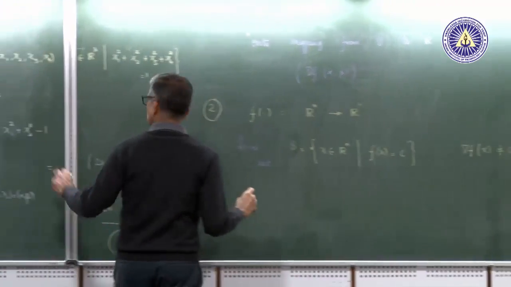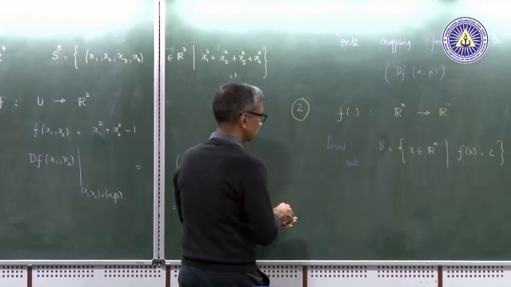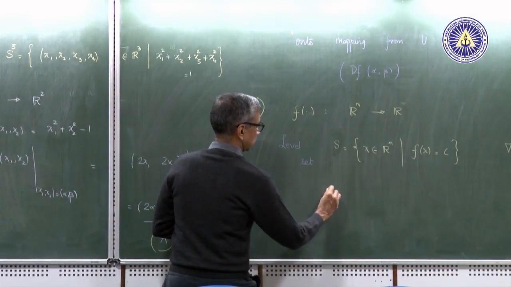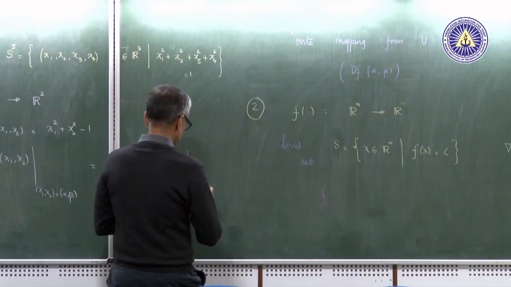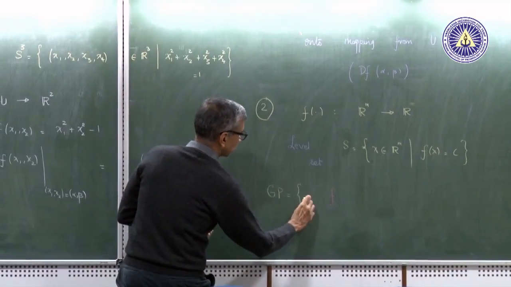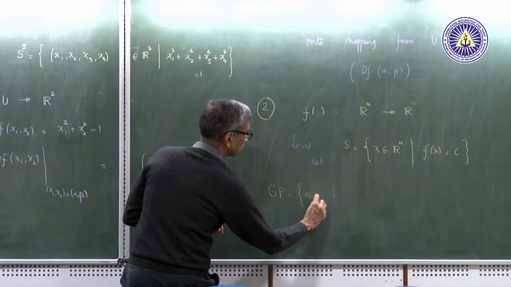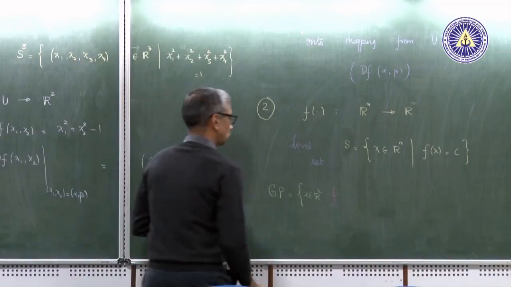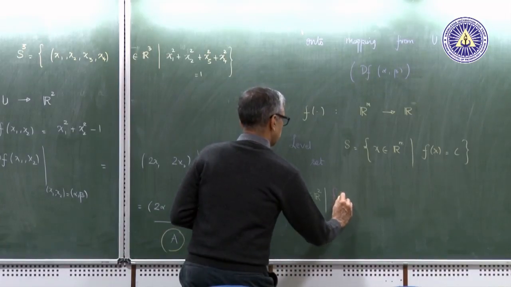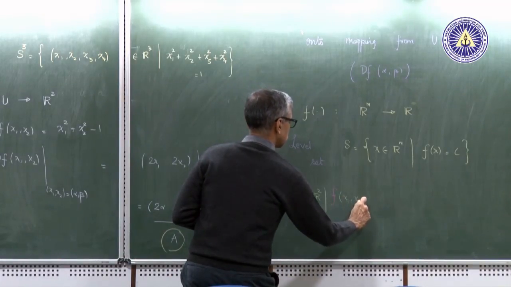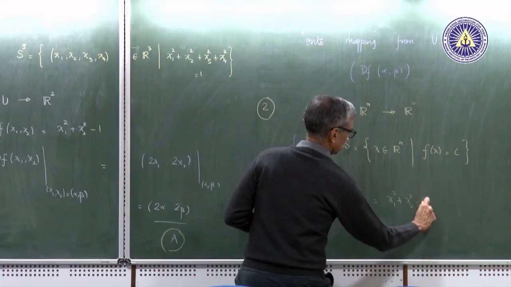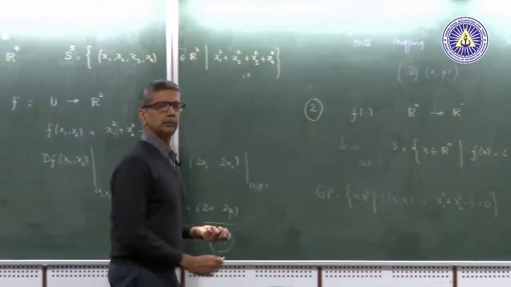That means, in other words, that the green portion of your circle is all points in R2 such that f(x1, x2) equals 0.